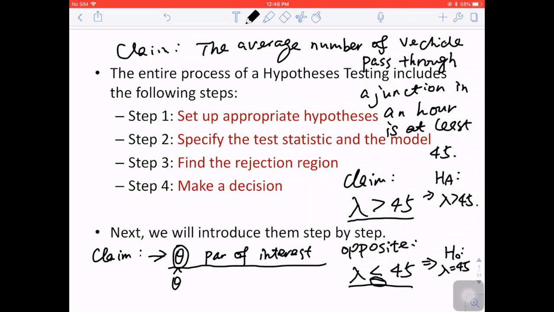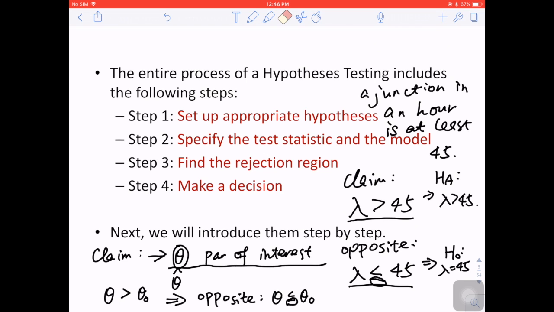So if my claim is theta is larger than theta 0, you can write down your opposite side. Your opposite side will be theta is smaller than or equal to theta 0. Then you find the equality and use it as your null hypothesis.